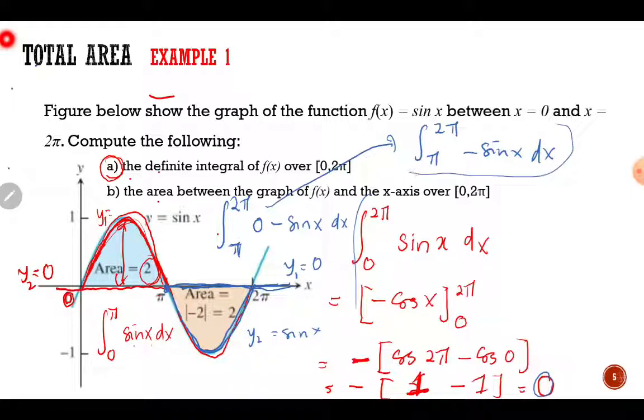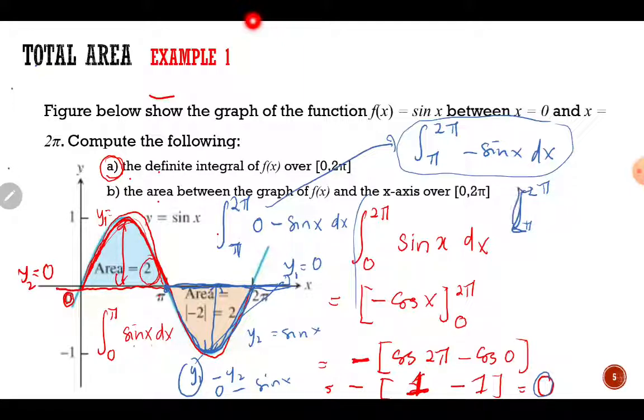Why do we get negative sin x dx? Because the bounded area is y1 minus y2. Your y1 is 0, 0 minus sin x. So you have negative sin x here.